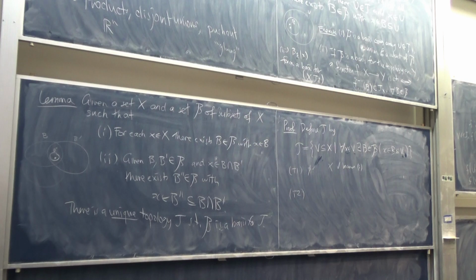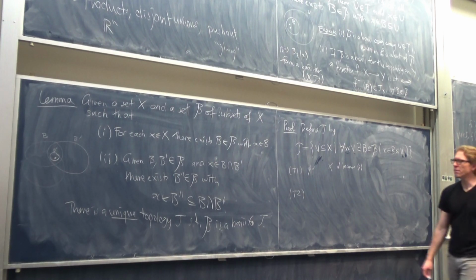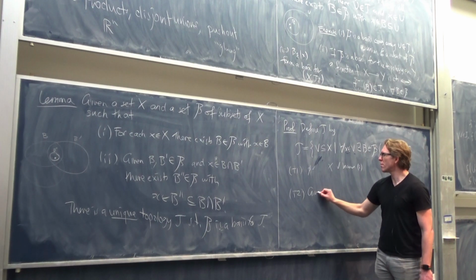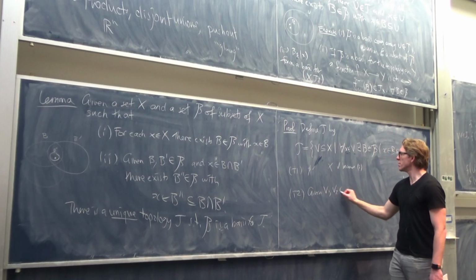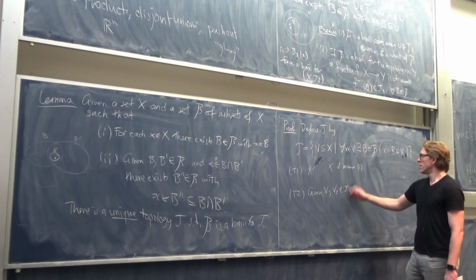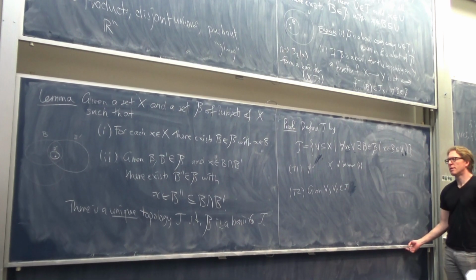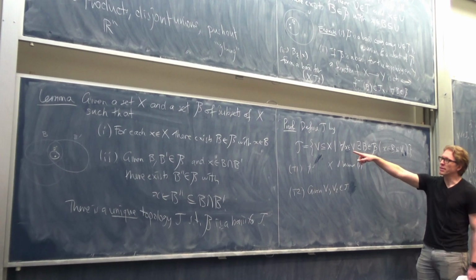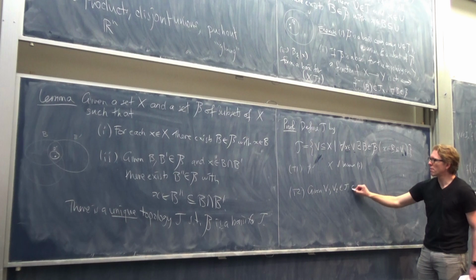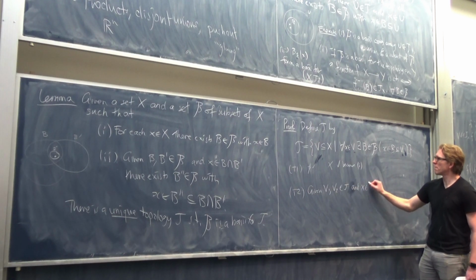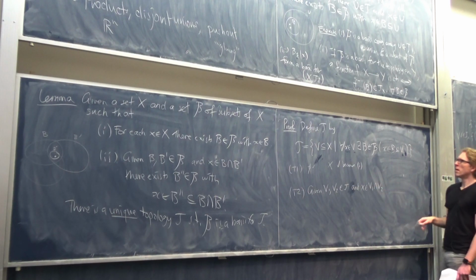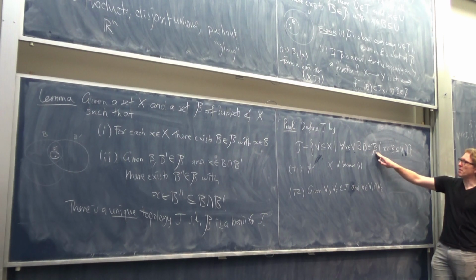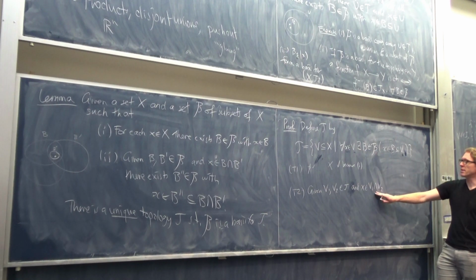Okay, for T2, I need this set T to be closed under finite intersections. So given V1 and V2 in T, I need to show that V1 intersect V2 is in T. To do that, I need to take a point x in V1 intersect V2, and I need to show there exists a B in B which is contained in the intersection.